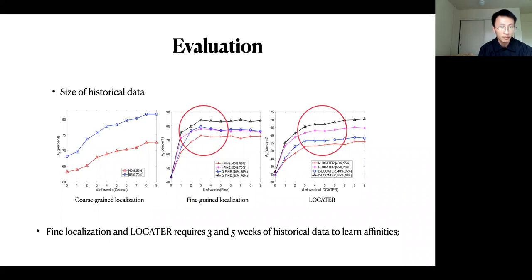We explore two groups, 40 to 55% and 55% to 70%, because these two groups are the most difficult to predict.